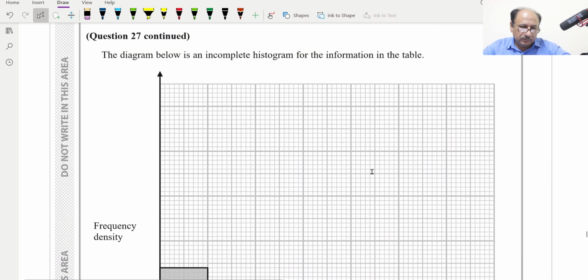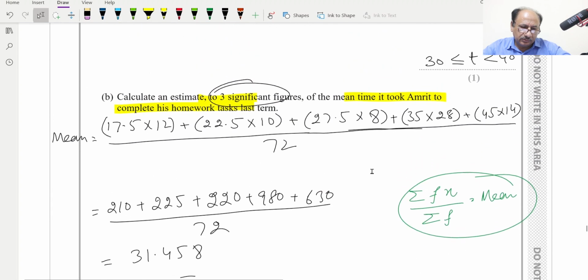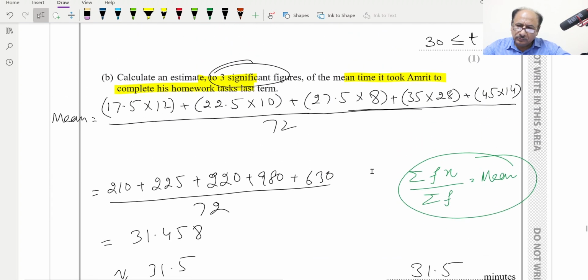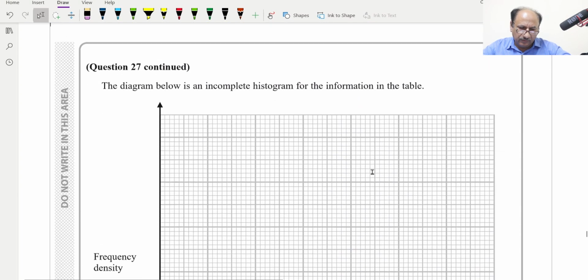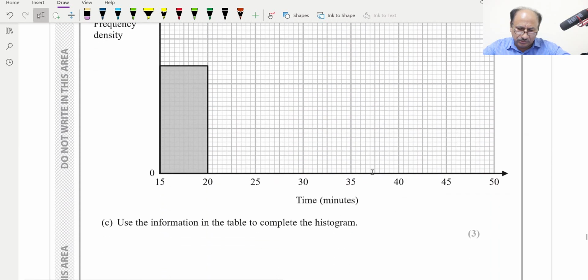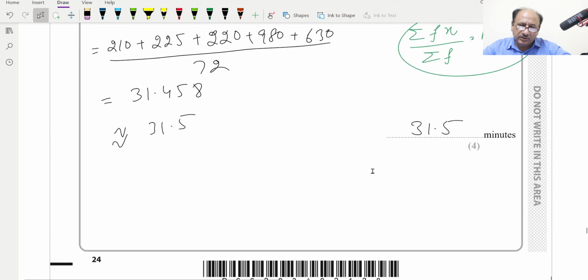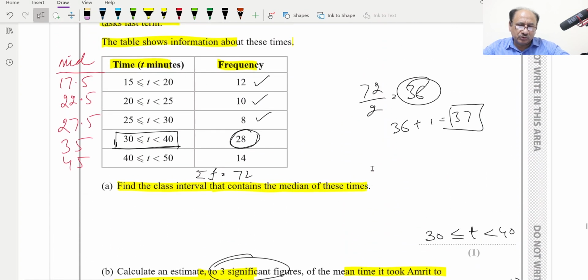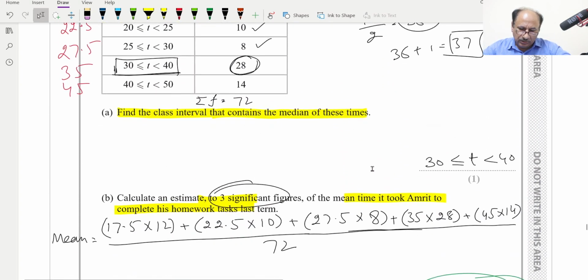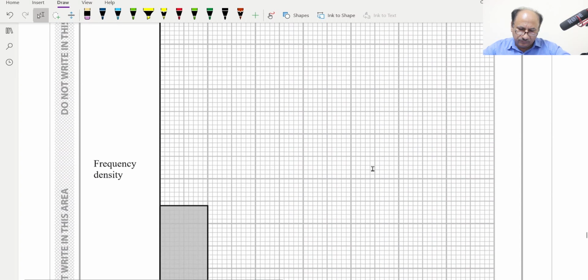Over here they have provided this graph and they are saying use the information in the table to complete the histogram. Now this table information we have to use to complete the histogram, and they have provided us one bar.